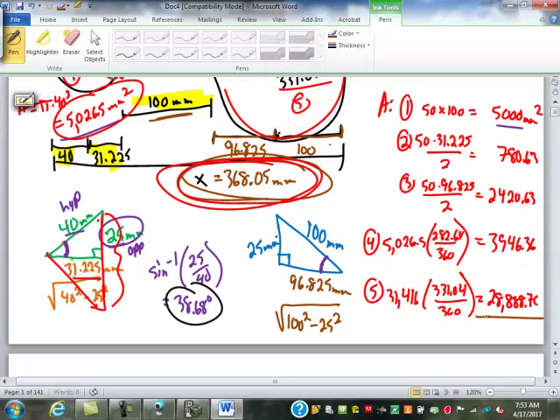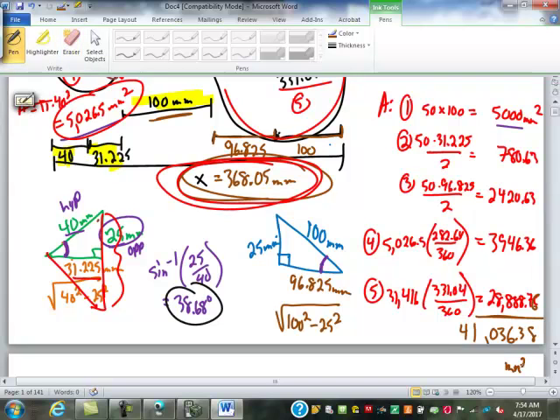And we add all those up to get an area. And what do we get? 41,036.80 or .38, it looks like.